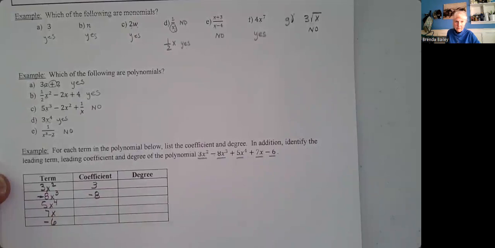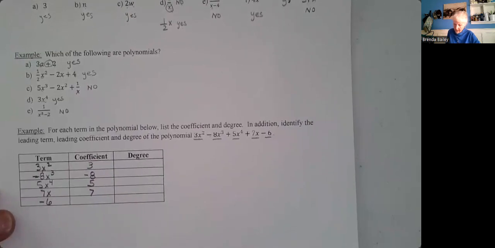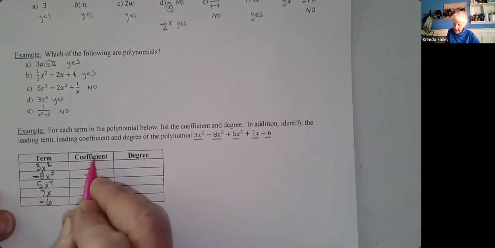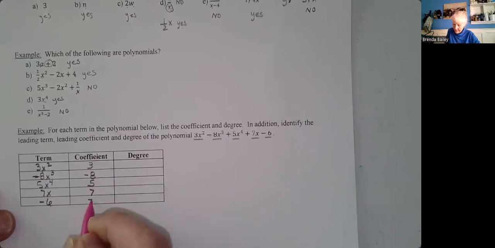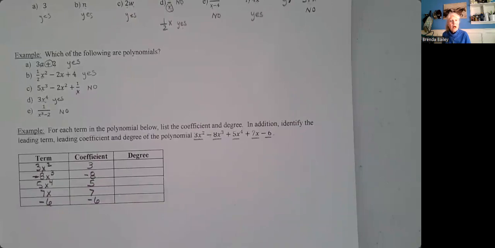Got to have the negative. The coefficient of this term is 5, just the number in front. The coefficient of this term is 7. And the coefficient of the last term is a -6. That is the coefficient.